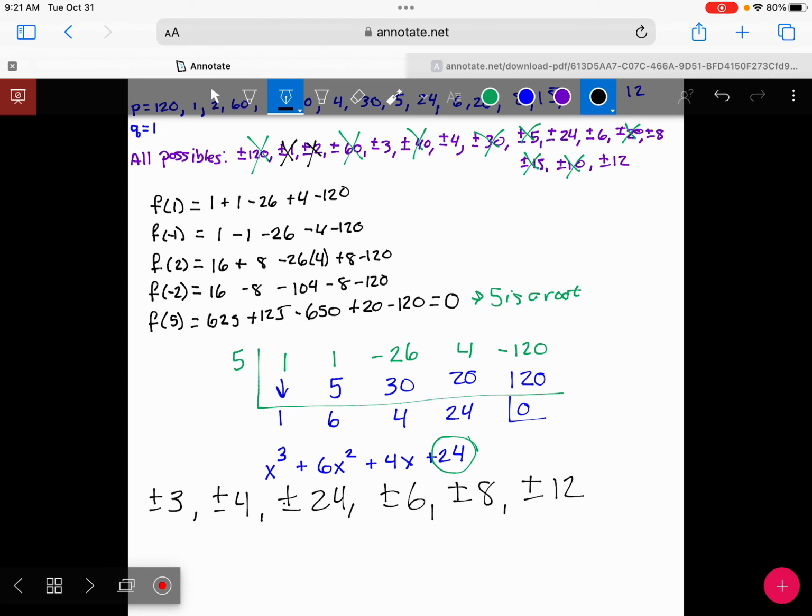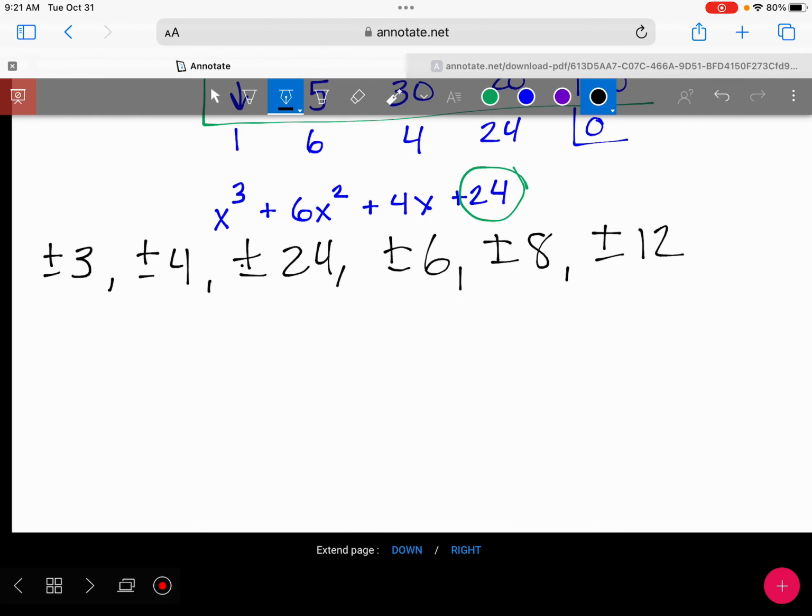So we're down to these few. It makes significantly fewer options just by finding one of them. But since we can't factor yet, we go right back into our guess and check situation.